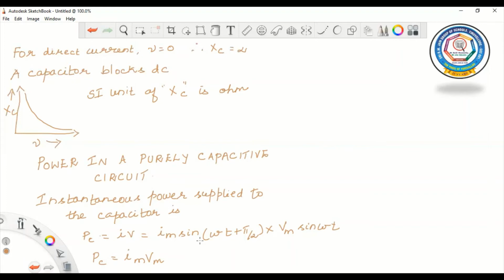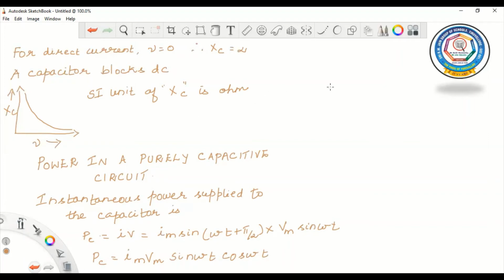Okay, so can you write it as sine omega t cos omega t? Yes. So this sine omega t cos omega t can be written as sine 2 omega t by 2.